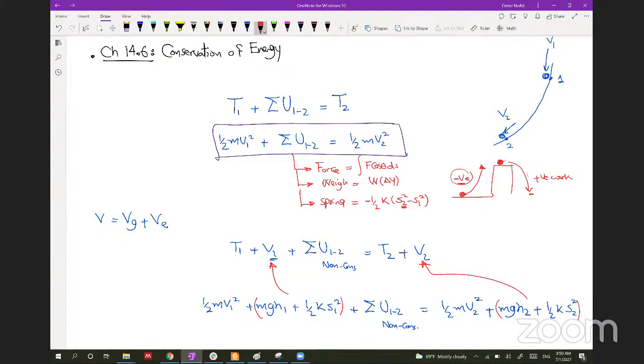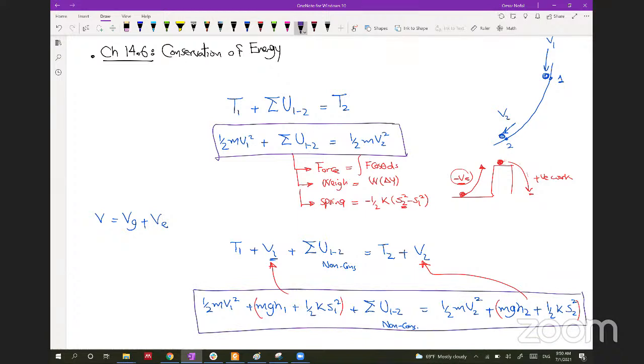So this is how the equation looks like, and both this equation and the previous equation, equation 1 and equation 2, should give you the same answer.